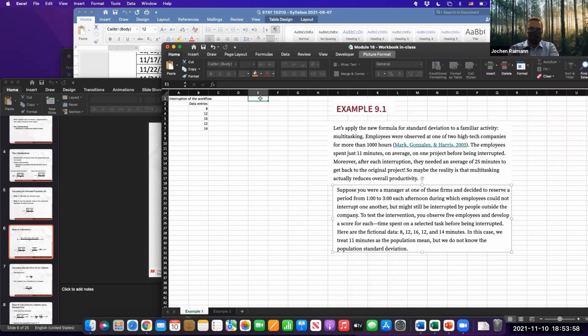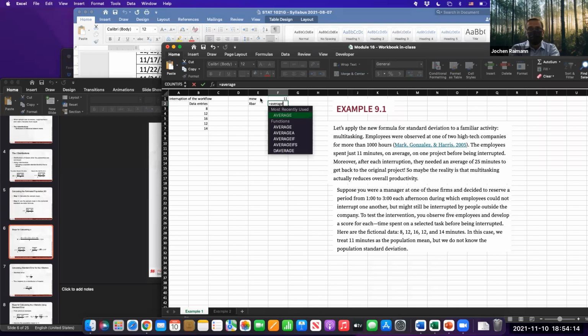What do we need to do next? So the mu is 11. What do we need? We need the sample mean, right? What is the sample mean? That's x bar. The sample mean is easily calculated as the average of 8, 12, 16, 12, and 14.